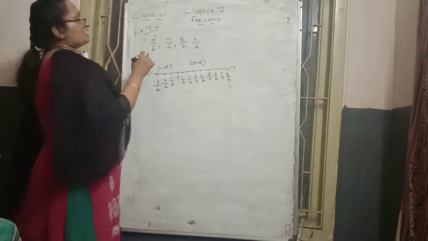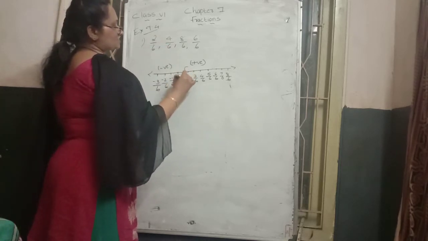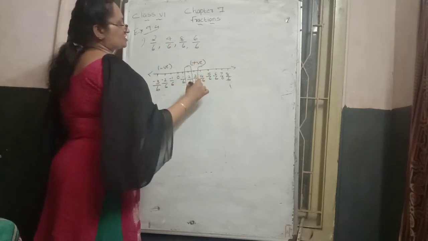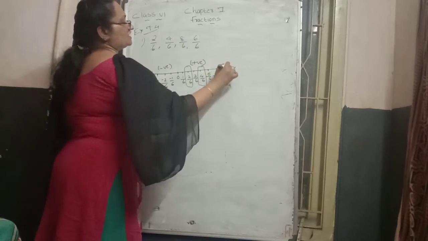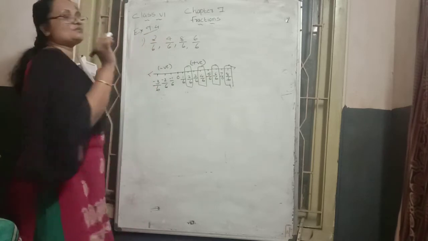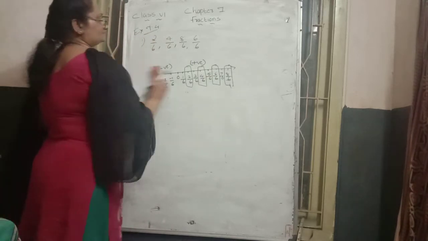Then see which numbers they ask for: mark 2 by 6 where it is and put a box. Next 4 by 6, mark that. Next 8 by 6. Then 6 by 6. Just mark all the numbers; that is the meaning of the question.